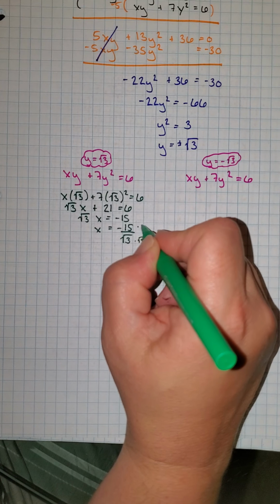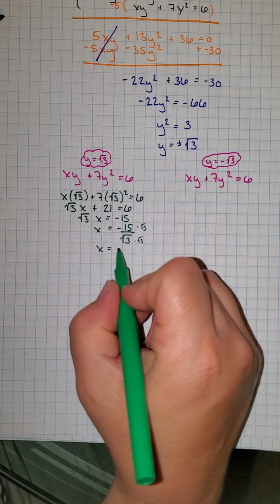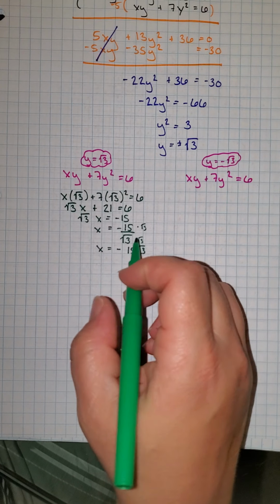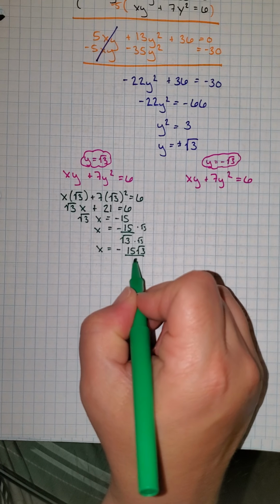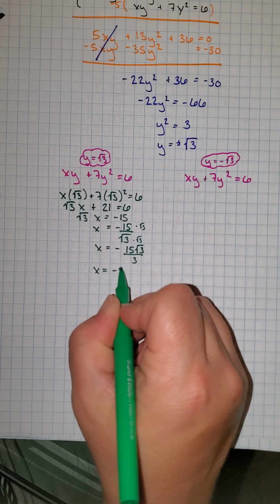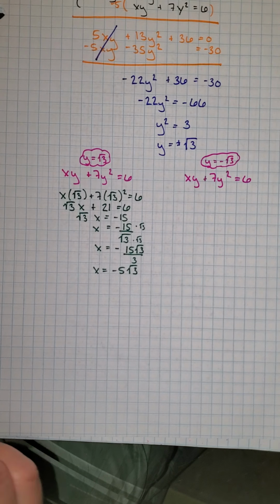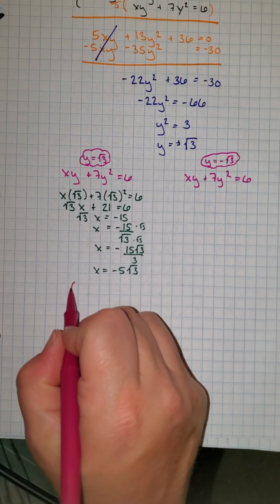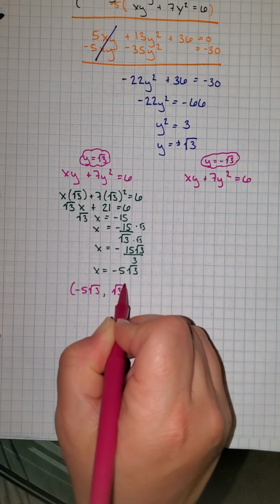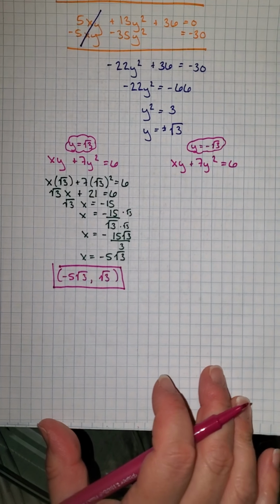If we multiply the top and the bottom by radical 3, then x equals negative 15 radical 3 all over 3, and 3 goes into 15 5 times. So x equals negative 5 radical 3. So the answer we get from that one is negative 5 radical 3 and radical 3. Not pretty answers, but it is what it is.